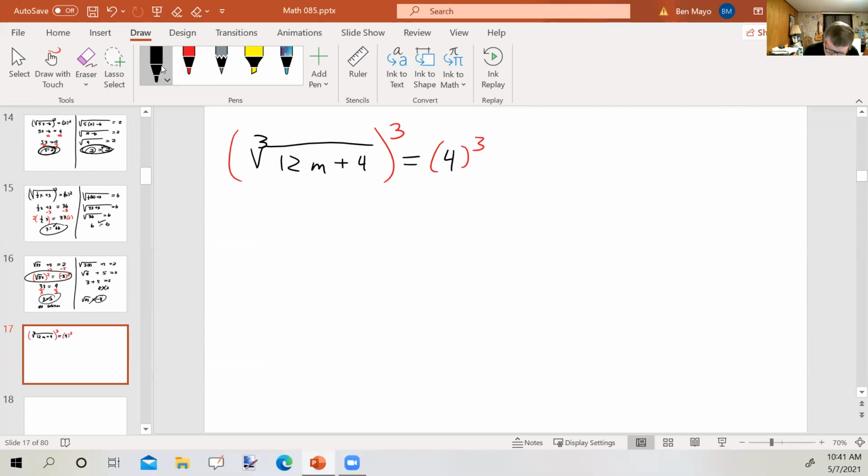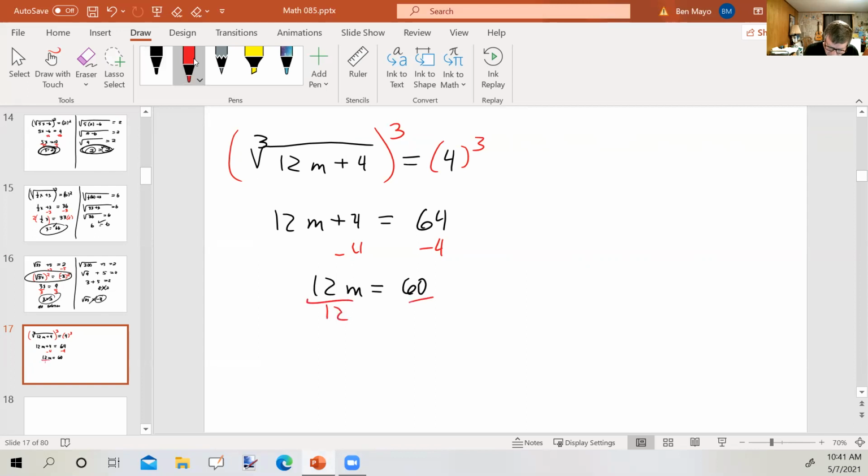On the left side of the equation, we'll get 12m plus 4. On the right side of the equation, 4 cubed, which is 64. Going on and solving for m, the next step, we'll subtract 4 from both sides. 12m equals 60. Then we'll divide both sides by 12. m equals 5. Let's check our work.